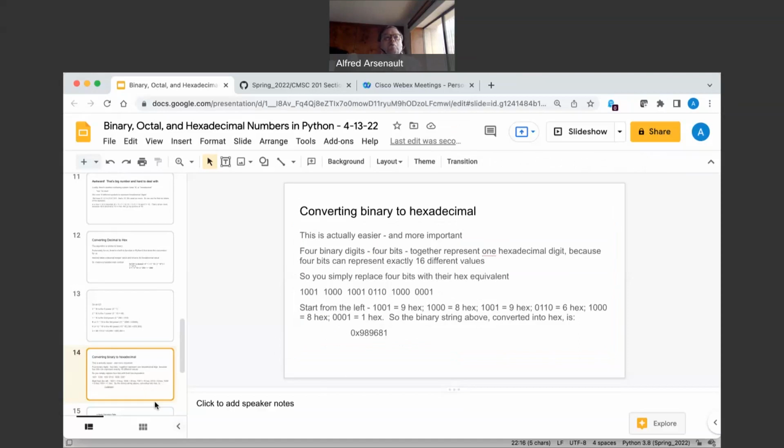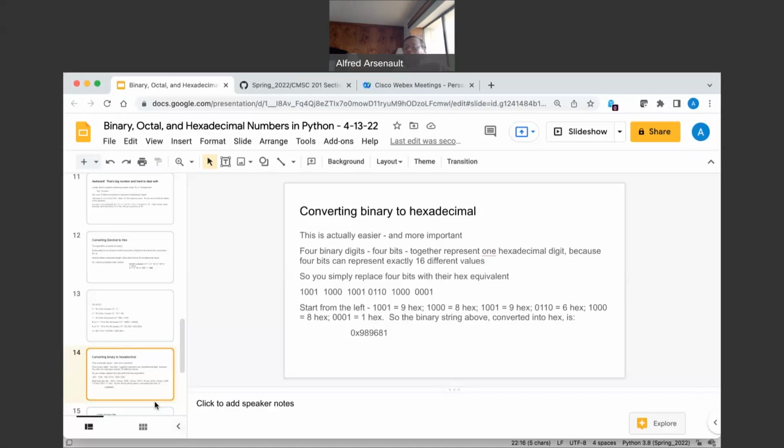And it's a very important thing to do, because computers only operate with binary digits, zeros and ones, and because computers deal with billions to trillions of these zeros and ones, it's very important to be able to group them. It turns out that 4 binary digits, 4 bits together, represent exactly 1 hexadecimal digit.